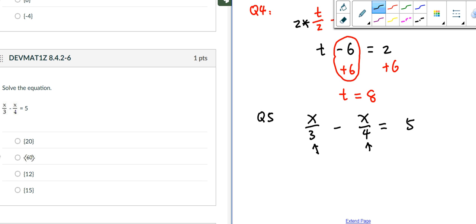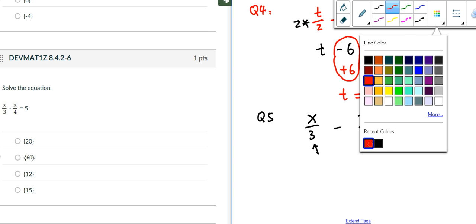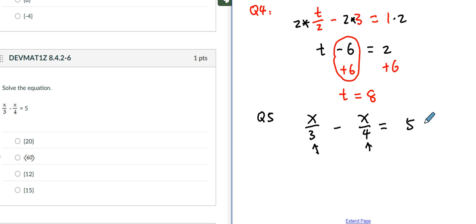How to get rid of them? Multiply by 12 everywhere. 12 upstairs divided by 3, you have a 4 in front of x. And 4 downstairs, upstairs 12, 12 divided by 4, you have a 3. See? And here 5 times 12, that's 60.